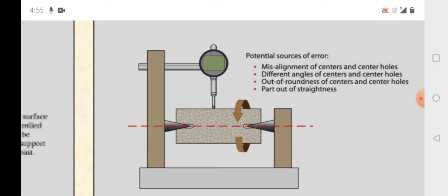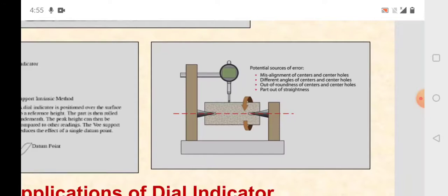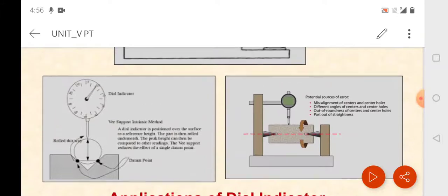First it is set to 0 at the basic size, or the standard workpiece, and then the other workpieces are checked, and we can see the variation between those workpieces and the standard workpiece very easily. These are the applications of the dial indicator.